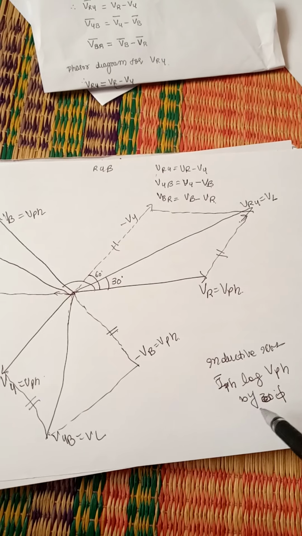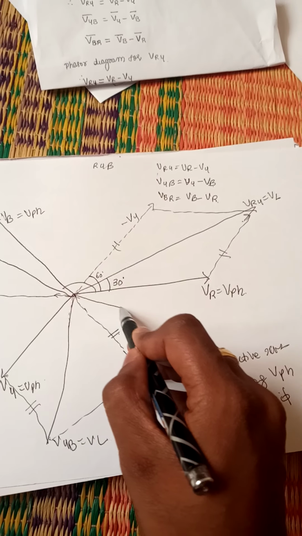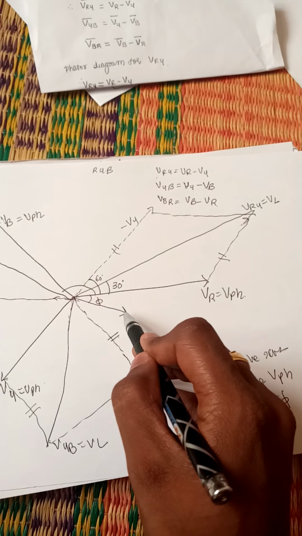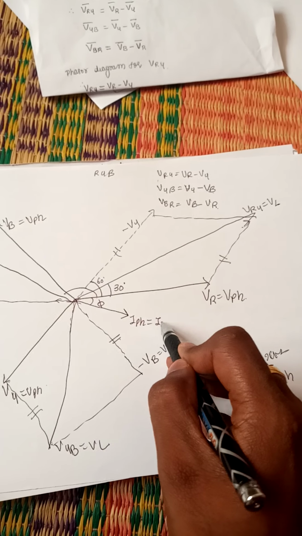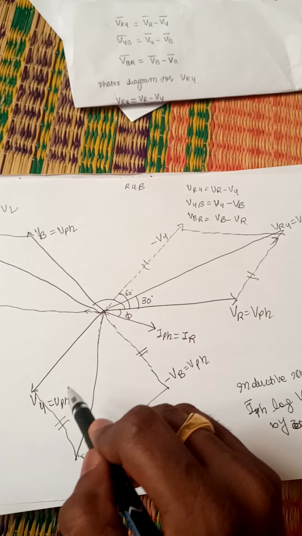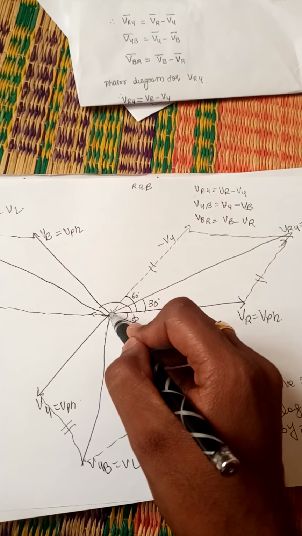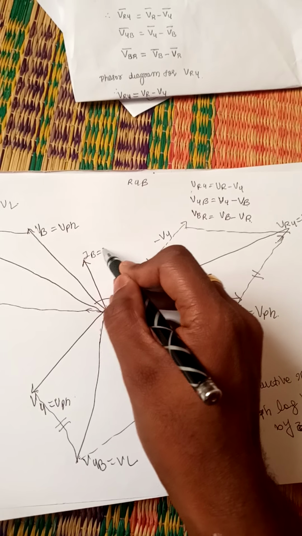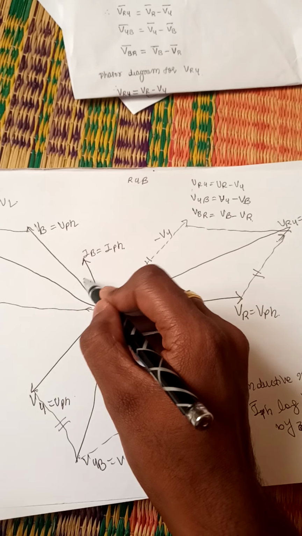So IPH lags by angle pi. So you draw one more line here, a small vector length. This is your pi. This is your IPH, nothing but IR. In a similar way, here you have one more vector, VPH. So one more vector you draw here, the current vector, that is IB, equal to IPH, and this angle is pi.